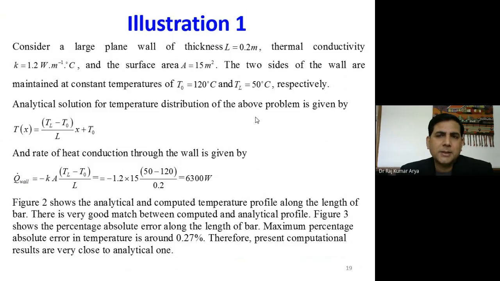Thermal conductivity is 1.2 watt per meter per degree Celsius, and surface area A equal to 15 meters square, which is perpendicular to the direction of heat transfer.